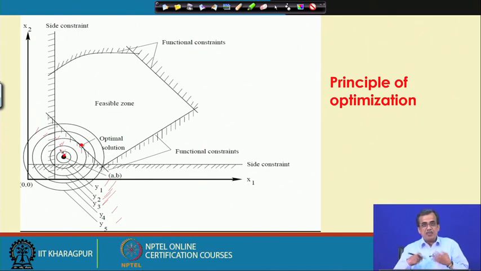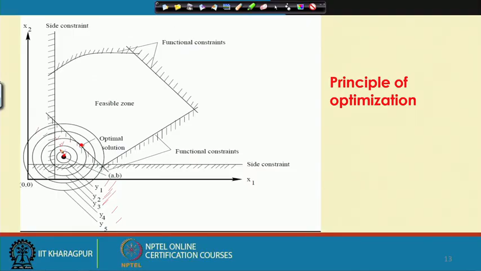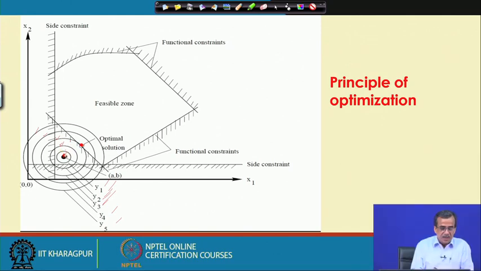That means, if I put some constraints, I will have to compromise the quality of the solution in terms of the objective function value. And let me repeat once again, for the unconstrained optimization problem, this is the optimal solution, and for the constrained optimization problem, this is the optimal solution.